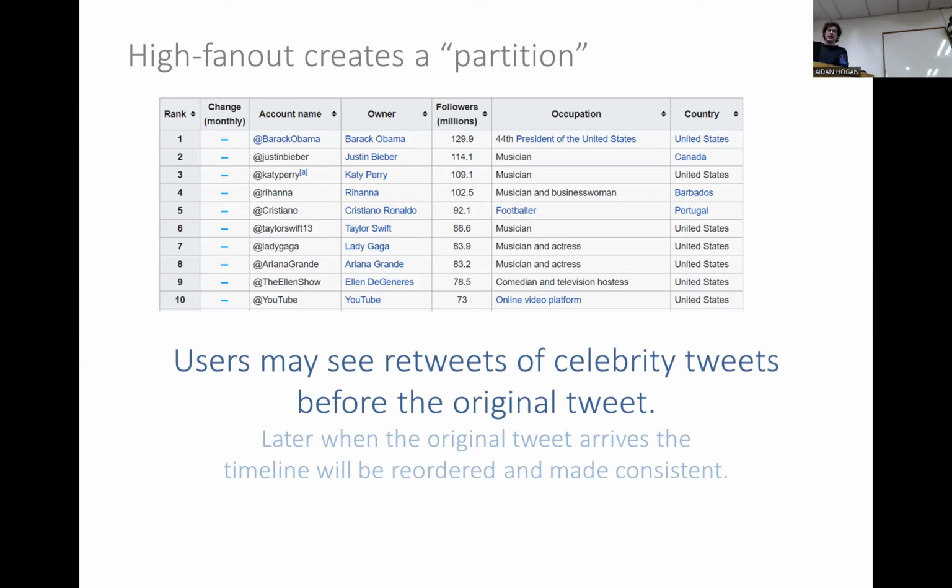And if you leave it long enough, the IDs in Twitter are sequential, so they can be reordered to give a more consistent view. Obviously it's much better that you receive some timeline, even if it's not the most consistent, so you have some tweets to read, rather than being told there's a partition at the moment, or we're processing some tweets, so we can't give you a perfectly consistent timeline.